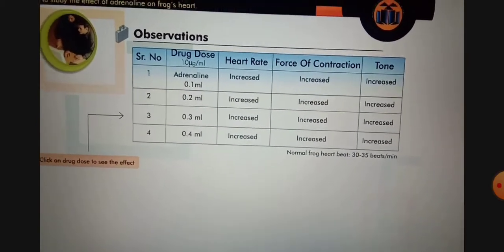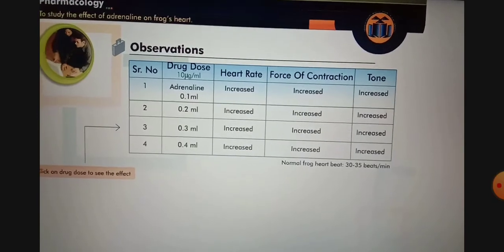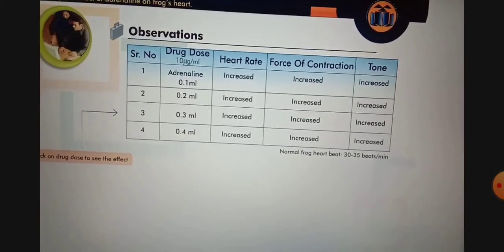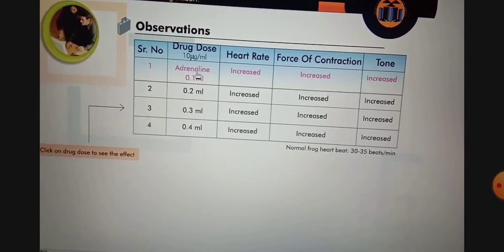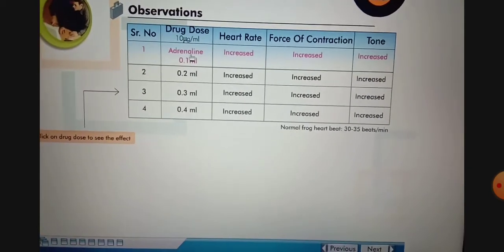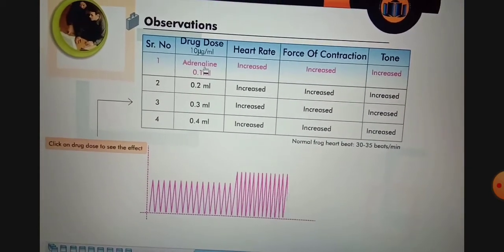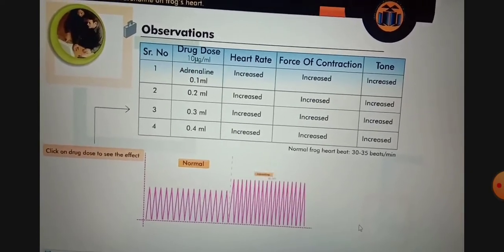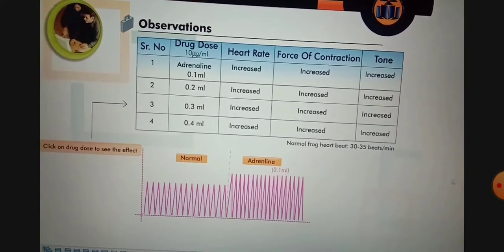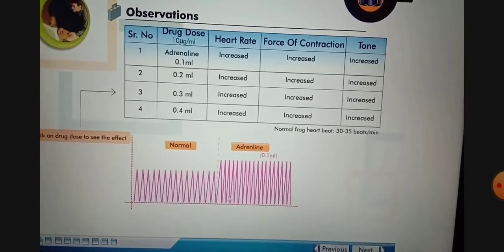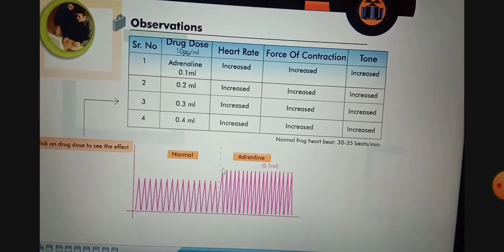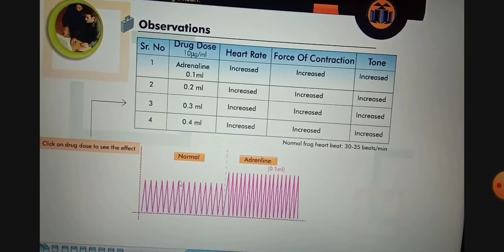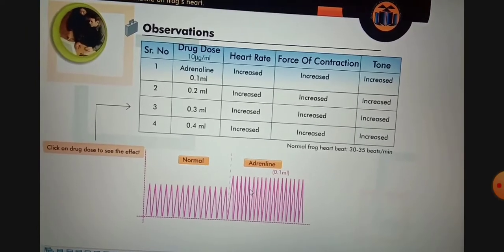Here is the observation table for studying the effect of adrenaline on frog's heart. This is the 0.1 ml dose when we injected. Here is the graph that shows time versus force of contraction. The 0.1 ml dose exerted its effect, that is, the heart rate and force of contraction increased as compared with the normal heart rate.